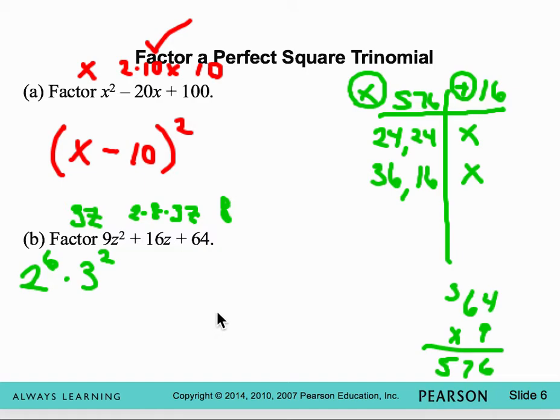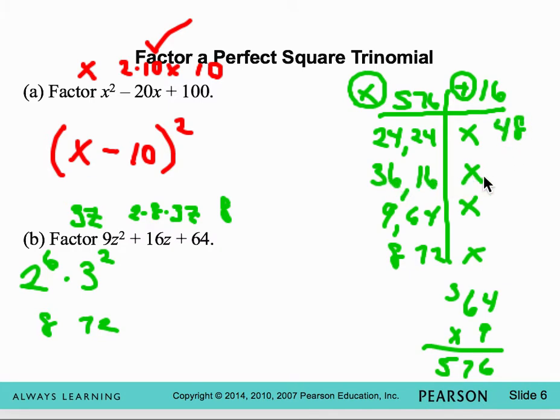Okay, so 2 times a huge number. This is actually 9 times 64. We've got it up here already, and that doesn't add to give 16. Let's try 8 times 72. That's not 16.